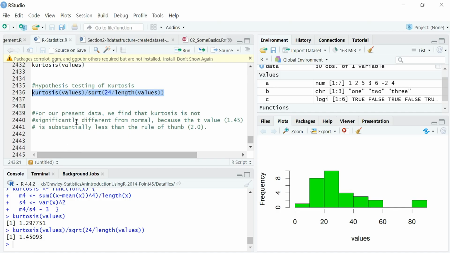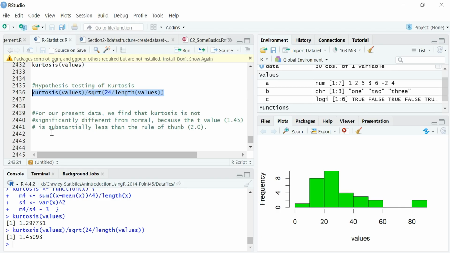Because with the t-distribution, if you want to reject this null hypothesis, usually the critical value will be around 2. So this means only if this statistic is significantly larger than 2 can you reject the null hypothesis that the data has no kurtosis. In our example, this calculated value is about 1.45.